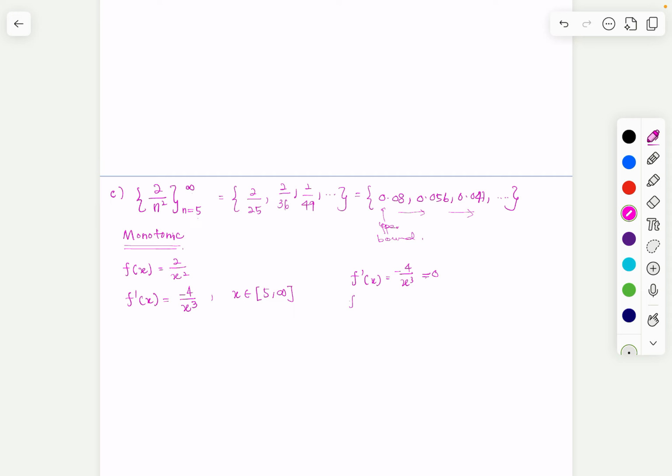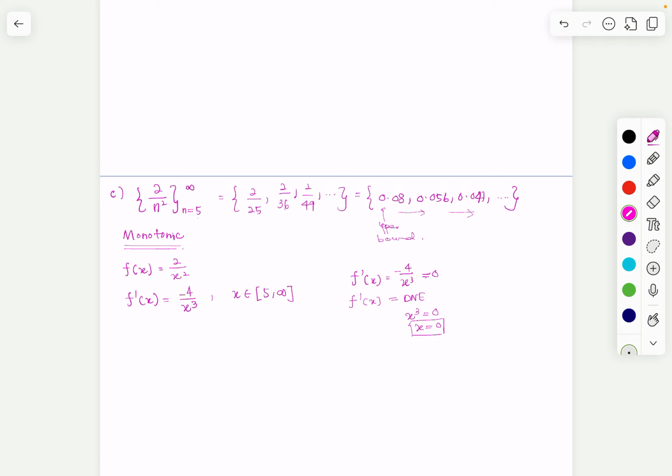Then the second condition, you can check if the function does not exist. For negative 4 over x cubed to not exist, x cubed should be 0, which means x is 0. But x equals 0 is not within the interval, so it is okay, because the critical point is not inside the interval, since our interval is just from 5 to infinity.